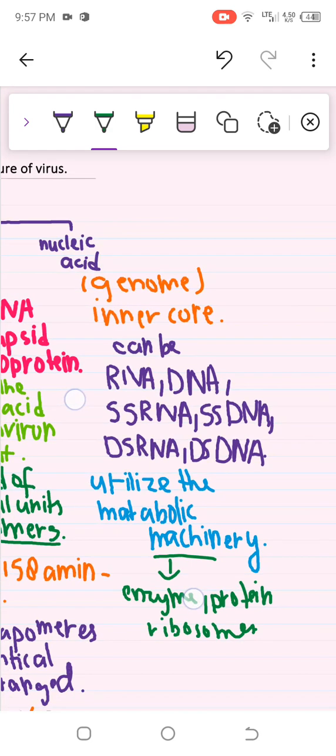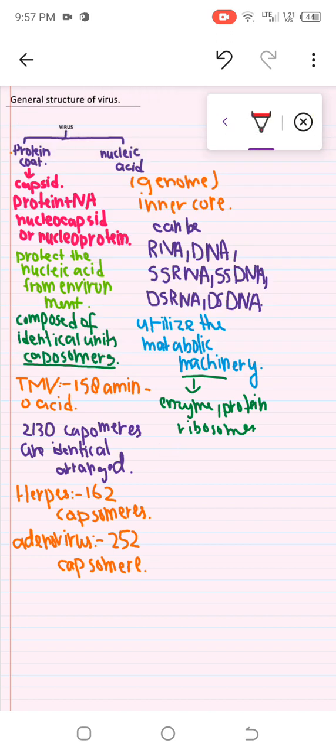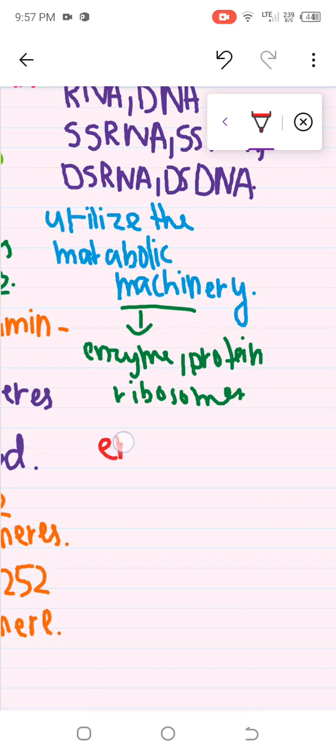Now you can see the core includes one or more enzymes. Enzymes are present in the core. What are those enzymes?